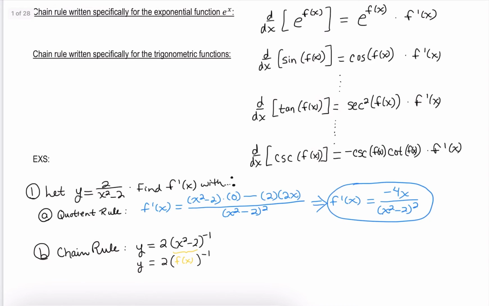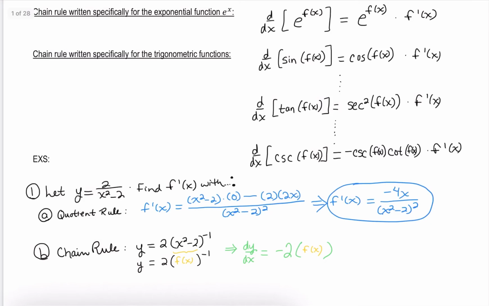So if we think about using the chain rule, I'll just say dy dx here. We are going to have, bringing down our -1, that's going to be -2. And again, the inside function is going to be left alone. Now, I am not going to typically always write this out.